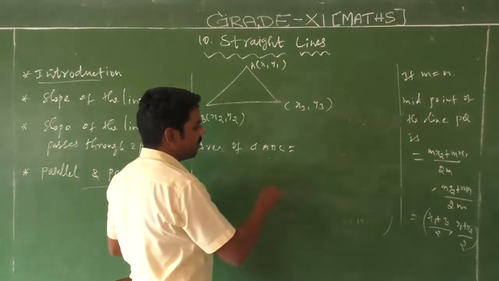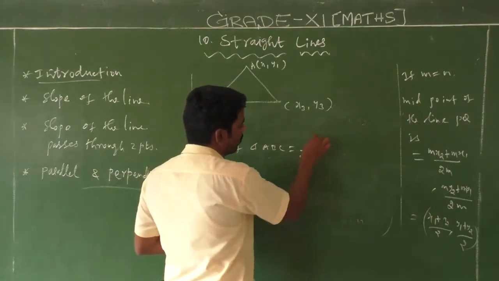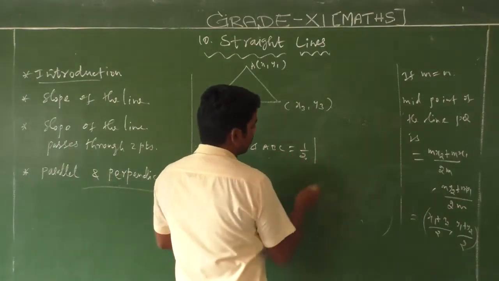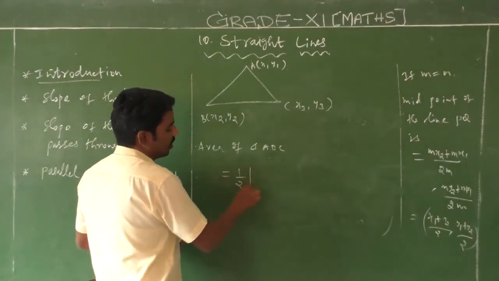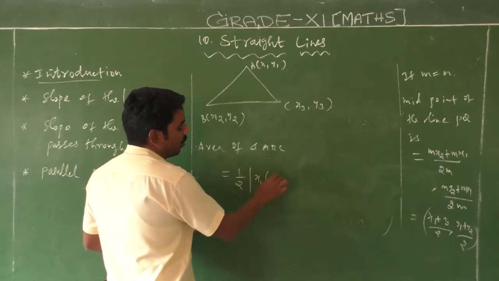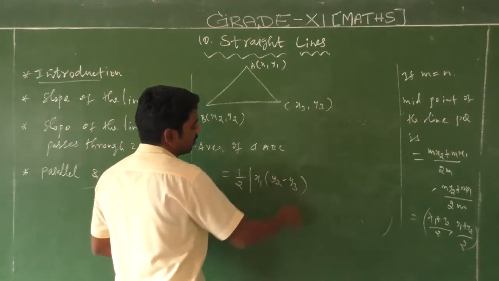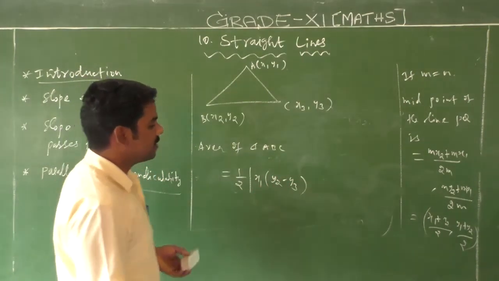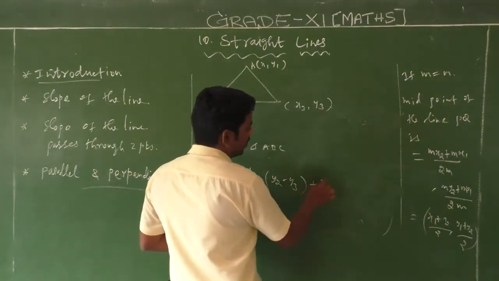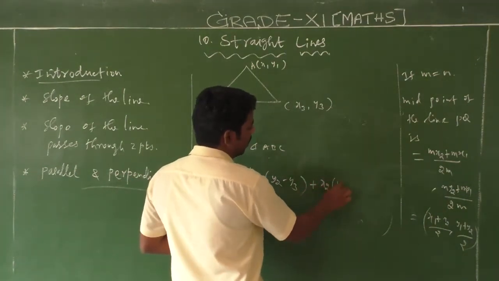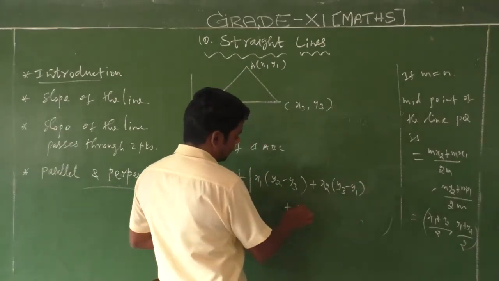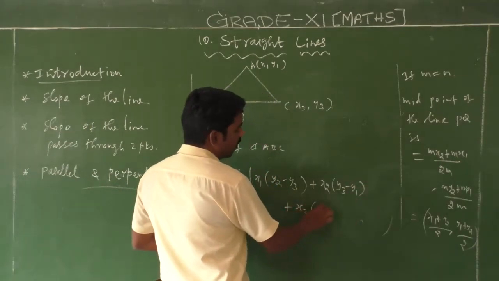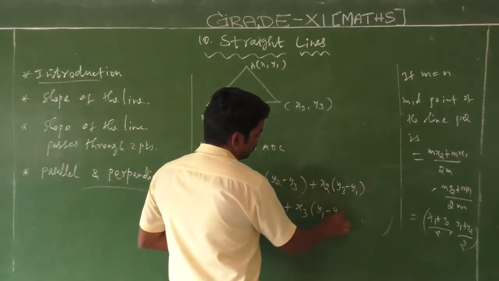The area of triangle ABC is 1 by 2 of the modulus of x1 into (y2 minus y3) plus x2 into (y3 minus y1) plus x3 into (y1 minus y2).